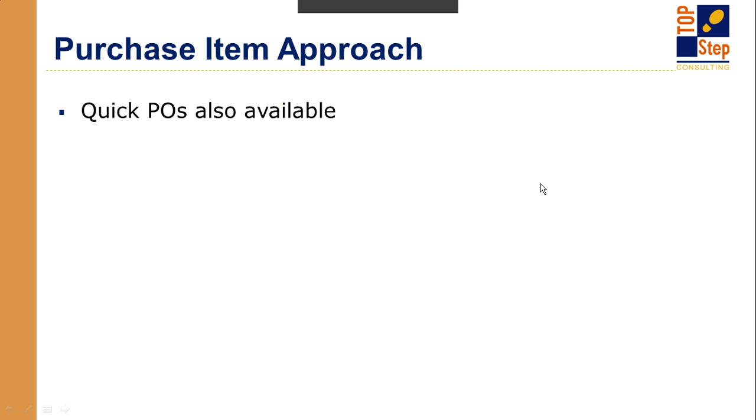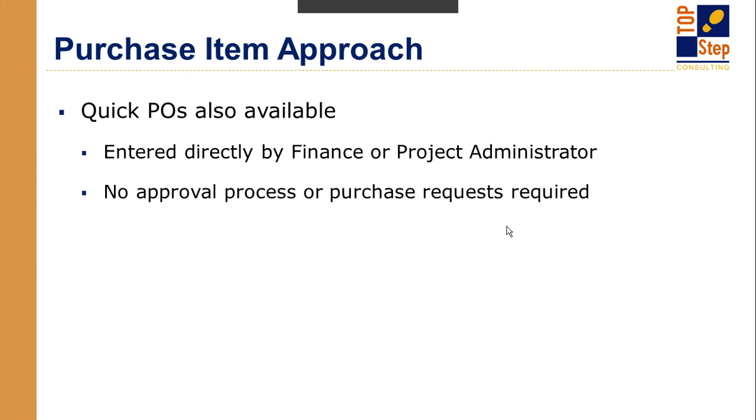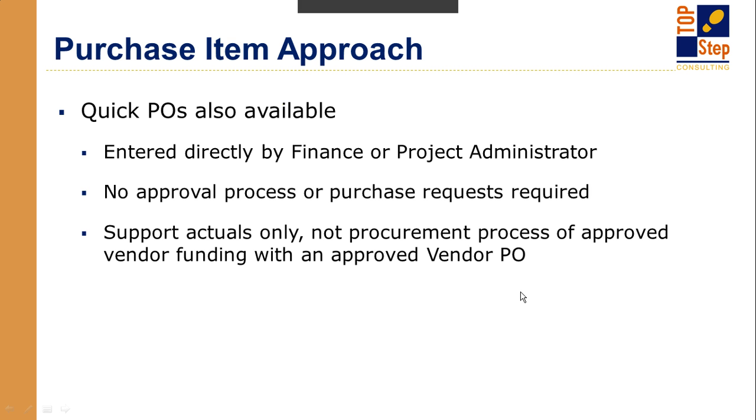Now, there is also the concept of a quick PO, and this might be a little more useful to some folks. Basically, it's a PO that's entered directly by somebody with the right permissions. Typically it'll be finance or a project administrator. There's no workflow here. There's no approval process. There's no purchase request. You get an invoice and you put it in as a quote-unquote quick PO.